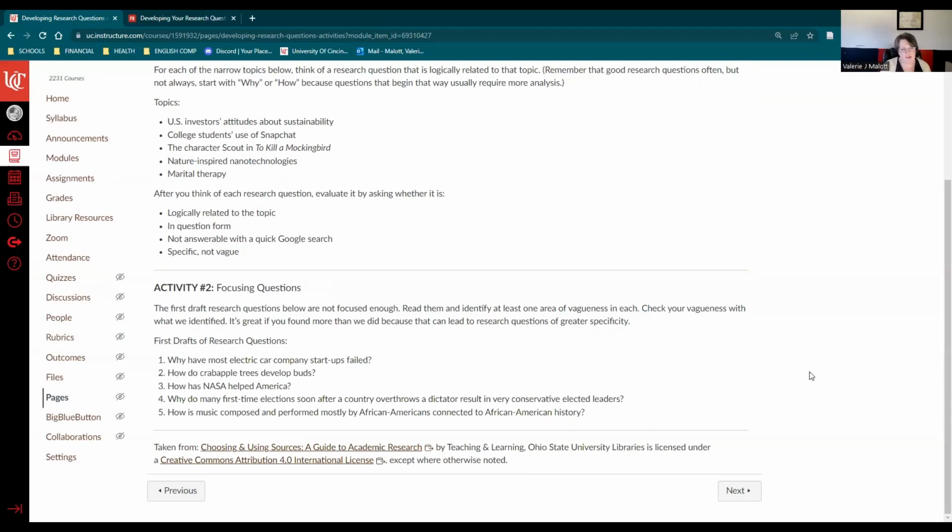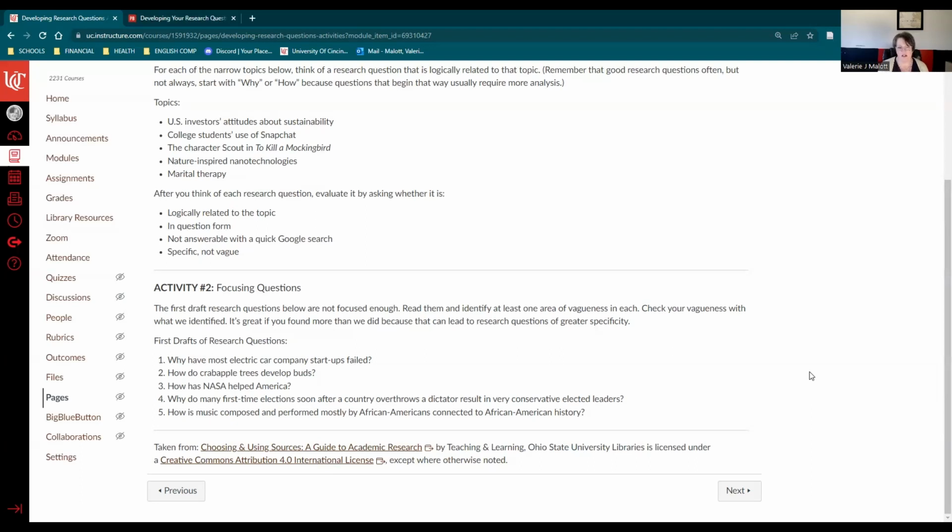So the first drafts here are, why have most electric car company startups failed? It's a good question, right? How do crabapple trees develop buds? Not so much a problem, but it is a good research question. How has NASA helped America? Okay. Why do many first-time elections soon after a country overthrows a dictator result in very conservative elected leaders?